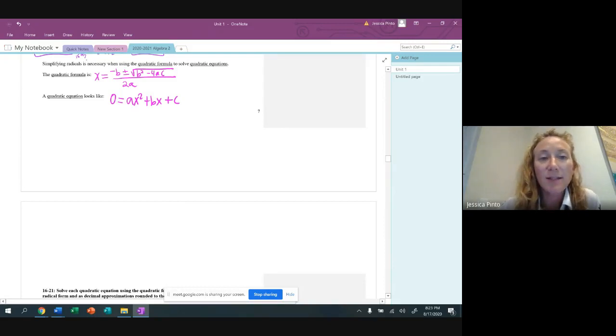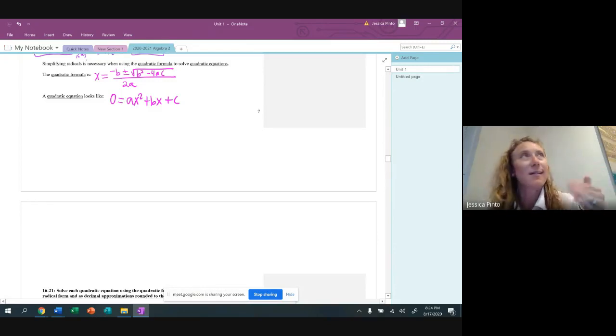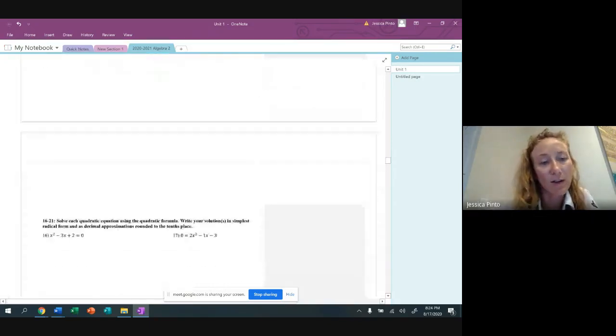But otherwise, if it's not equal to 0, we have to manipulate the equation so that it is equal to 0 with addition or subtraction. And typically, it's nice to write it in standard form, which, remember, is descending order, in power order. Who's the most powerful? They come first. The next most powerful, etc.